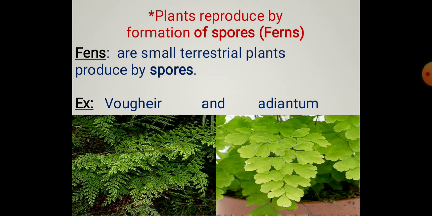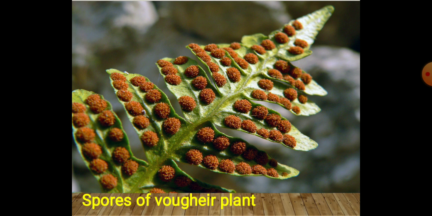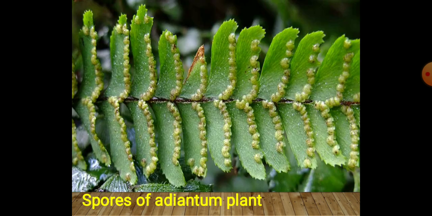Ferns are small plants reproduced by spores. And about the example, we have fougere and adiantum. This is spores of fougere plant and the spores of adiantum plant. How amazing.